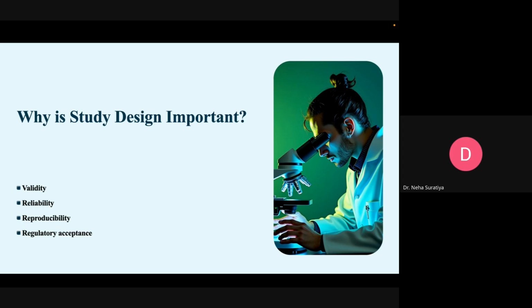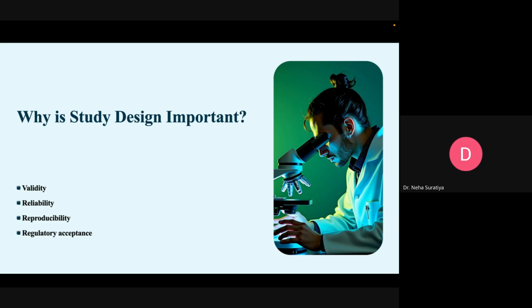Whatever chemical moiety you are using for the clinical research, it should accurately measure blood pressure changes. Poor design may lead to incorrect conclusions. This is a very simple example, not a complex one, but you can imagine the scenario with validity in a complex study. It would go very wrong.